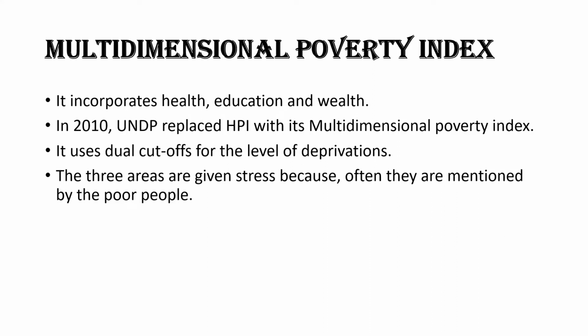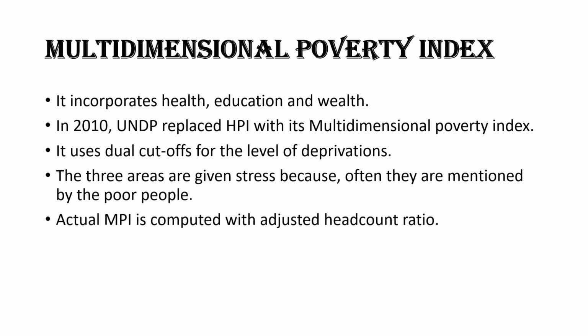Thus, the Multidimensional Poverty Index measures and identifies the very poor by measuring a range of important household deprivations directly rather than only indirectly through income, then building up the index from the household measures to the aggregate measure. The actual MPI of the country is computed with the adjusted headcount ratio.